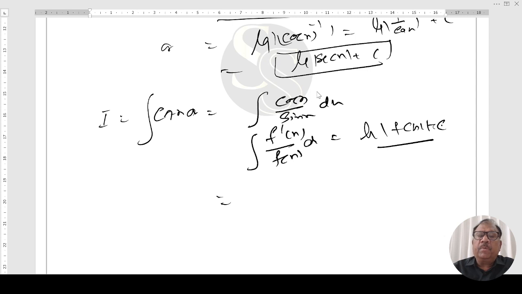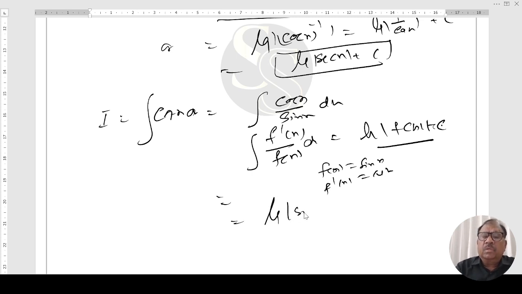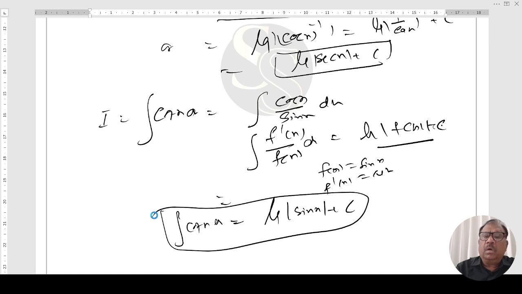Here fx is sin x, f dash x is cos x. Constants can be manipulated, but the function should be there. So this can be written as log of sin x plus c, the integration of cot x dx. This is the formula. Right? Next question.